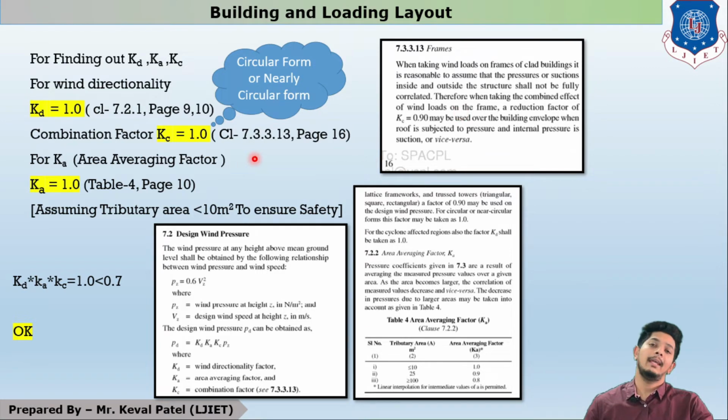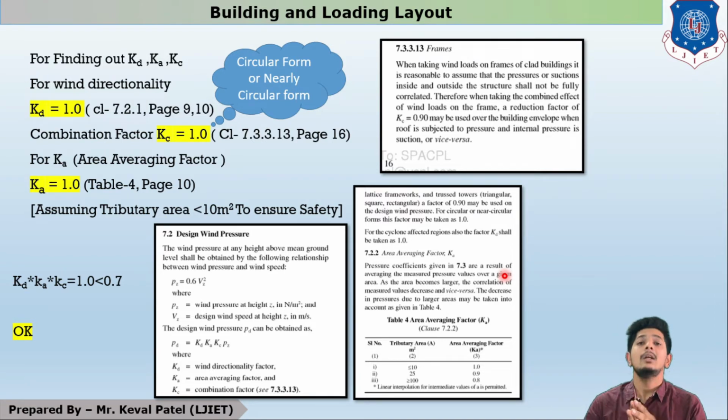Next thing, that is Ka, the area averaging factor. Generally in framed buildings or trussed towers, we do take area averaging factors according to the frame tributary areas. But in this case, you cannot take that and you have to go safe for the design, and for safety reasons, you will take Ka as 1, assuming the tributary area will be very small, lesser than 10.